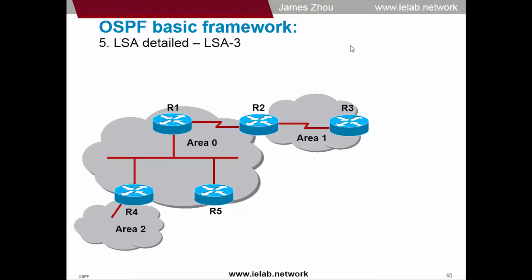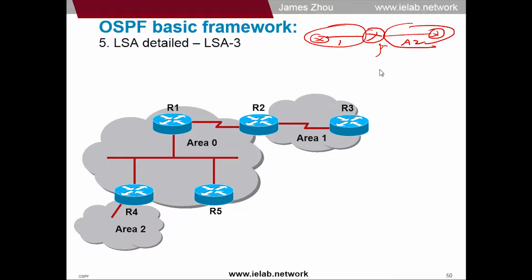In Cisco, if one router has area 1, area 2, and here is area 1, this router is an ABR, not in Cisco.